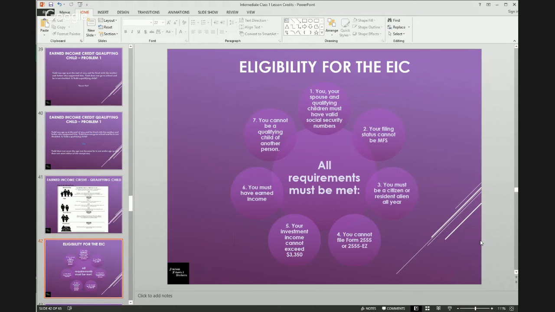You must be a citizen or a resident alien all year. And you cannot have filed a 2555 or a 2555 EZ, which has to do with foreign income. Your investment income cannot exceed $3,350, and you must have earned income, and you cannot be a qualifying child of another person.